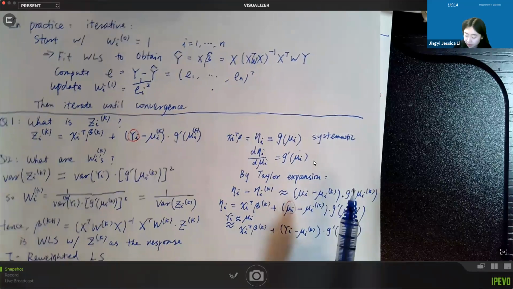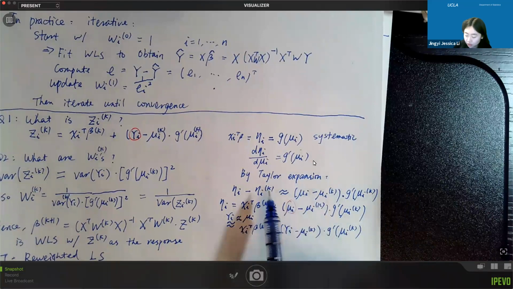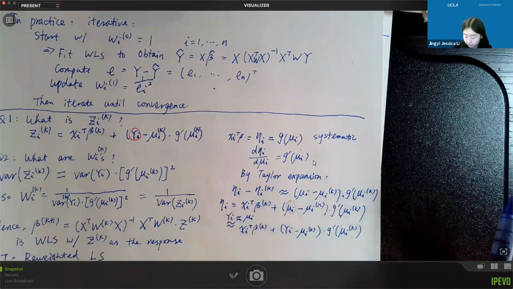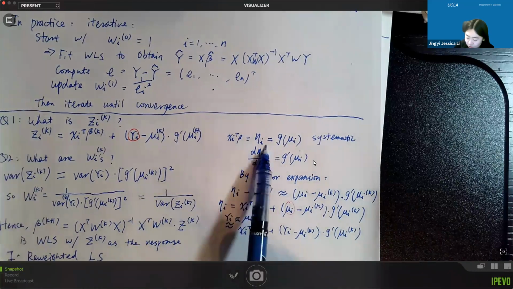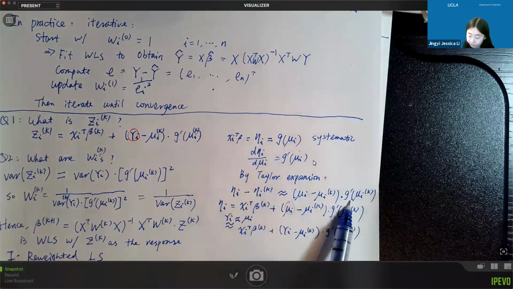This gives a linear relationship between mu_i and eta_i. So we are basically approximating the g function by this linear function.